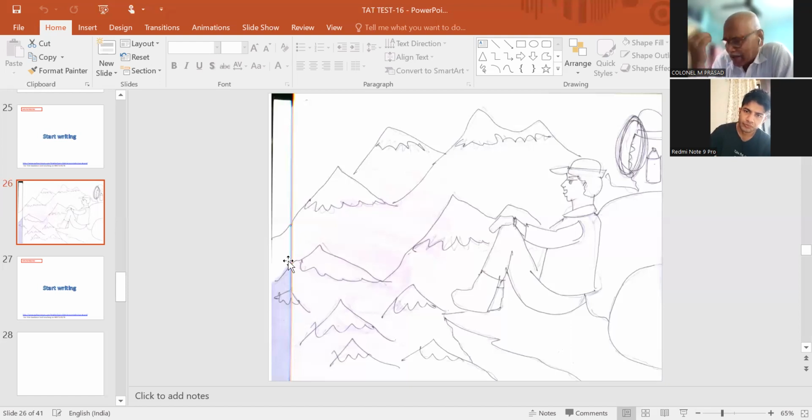Okay, very nice. Now, for trekking, why do you require gear? What is the need for gear? And where is the need of getting a good deal? Use the word good deal. Is it not? You are going for trekking.